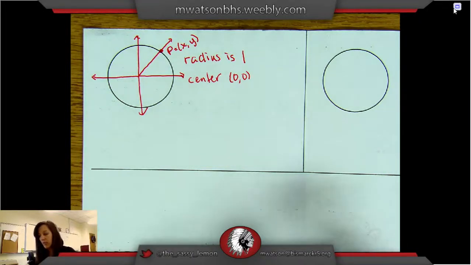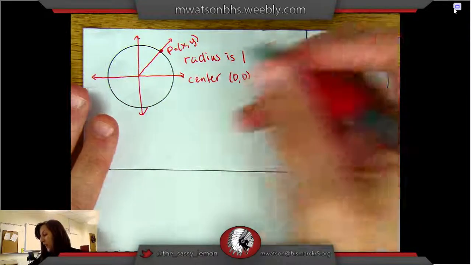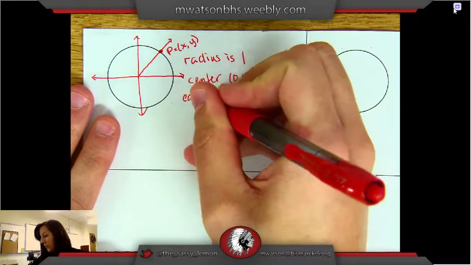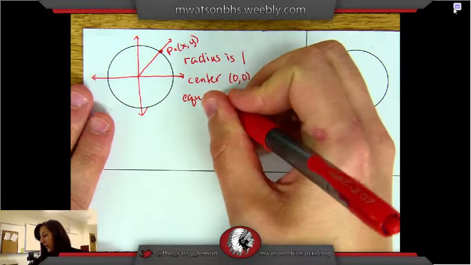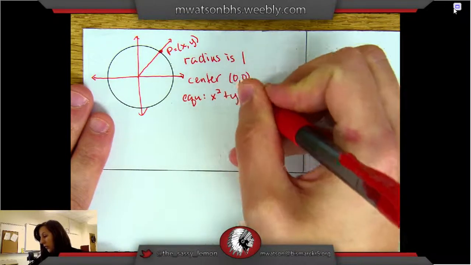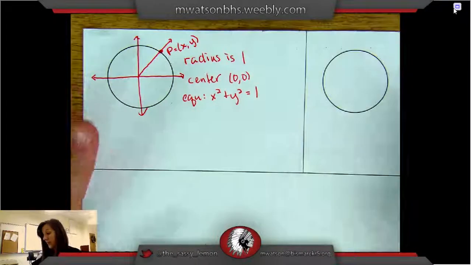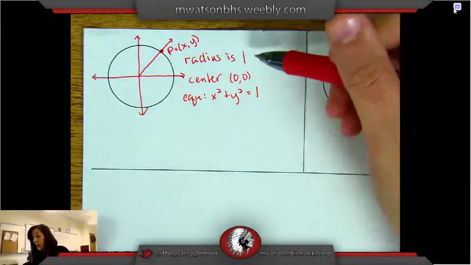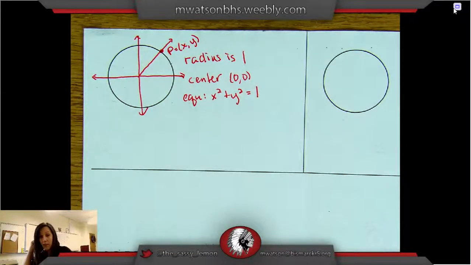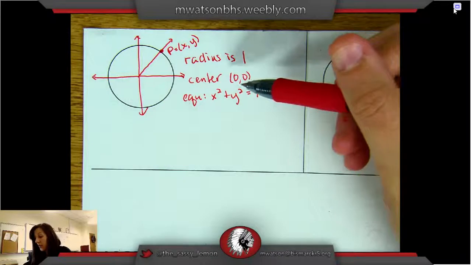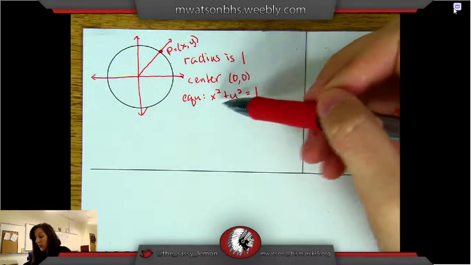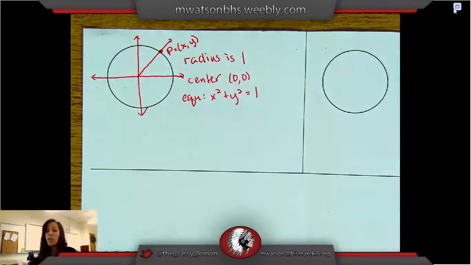Do you remember that? Hopefully you do. So here we have an equation for this circle. The equation is x squared plus y squared equals 1, because I told you in a unit circle the radius is always 1. So here, no matter what your points are, when you square them and add them together, they have to equal 1 or else they're not part of the unit circle.